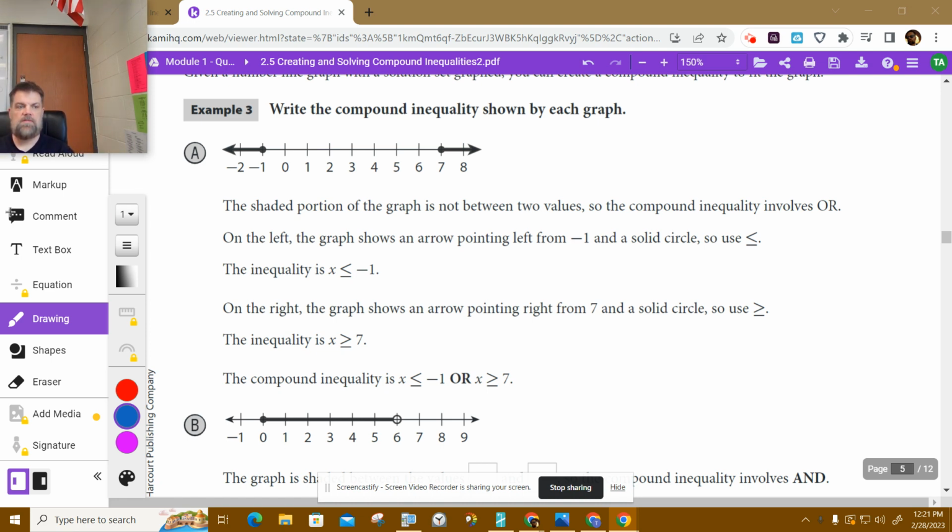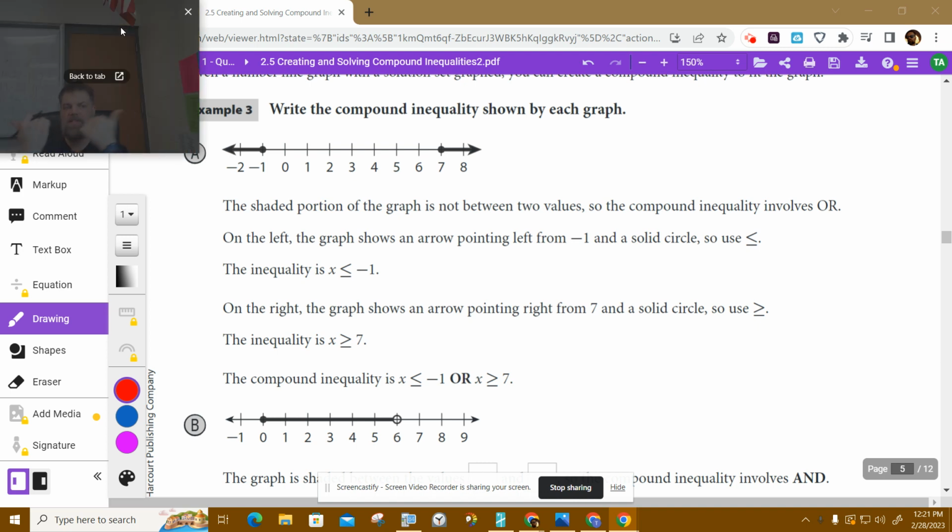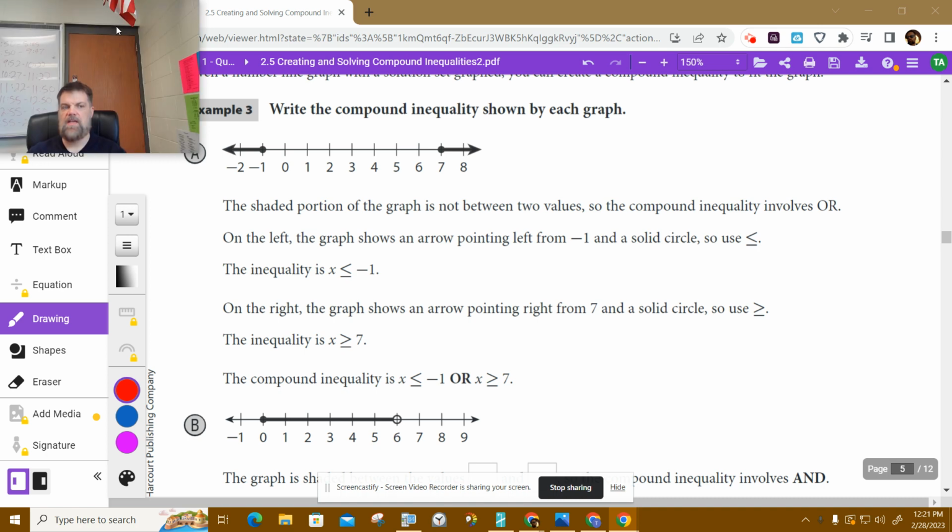First of all, quick question. It opens this way, like this, right? So if it opens this way, in other words, it opens left and right, what type of inequality is that? Do you guys remember? We'll start with the conjunction. Is it and or or?